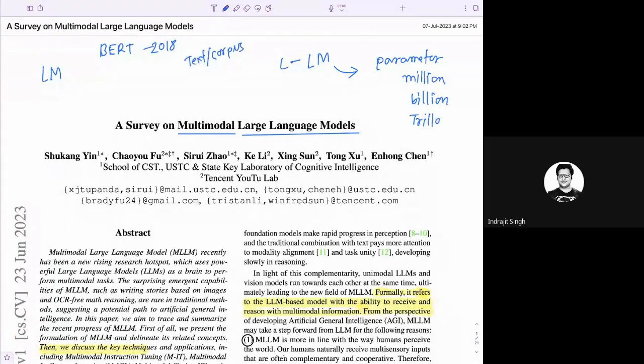There are models coming in future that might be in trillions of parameters. So that's where we can say that these LLMs or large language models come into picture. Now there are many variations to that. There are many models that came in. There are open source models, non-open source models. There are different ways of building these LLMs.